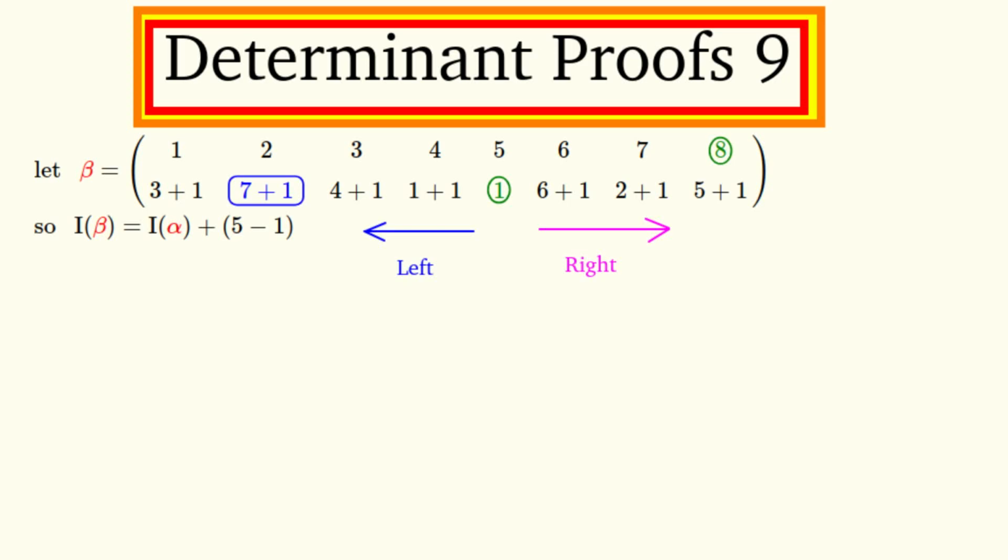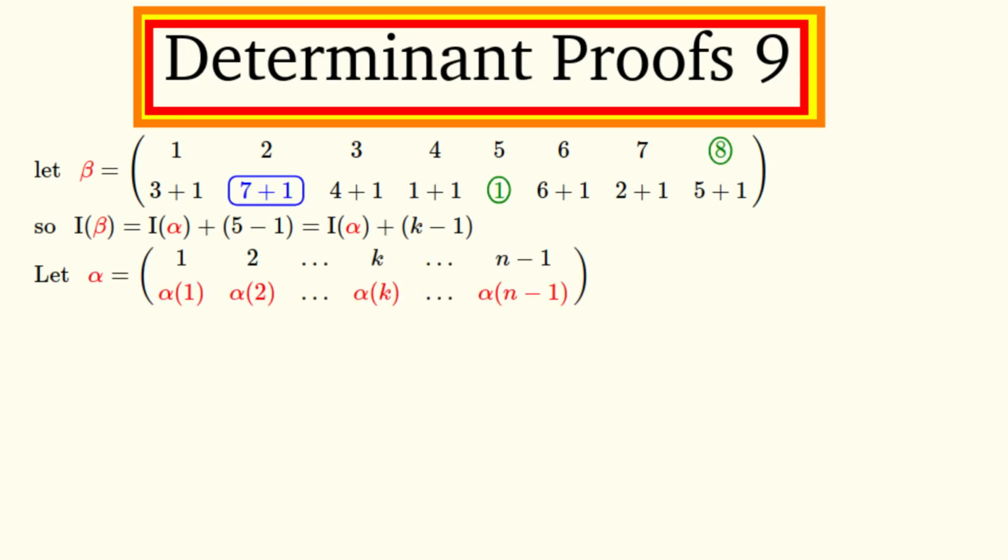So in this case, k is equal to 5. So we'll write this formula down, that the number of inversions increases by 5 minus 1. And then we can write down the more general formula here, that the number of inversions increases by k minus 1.